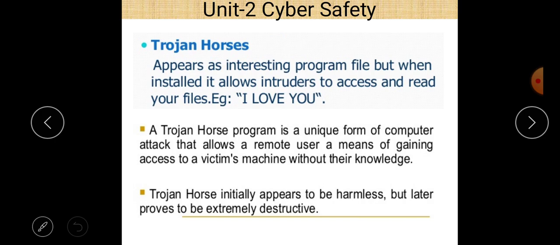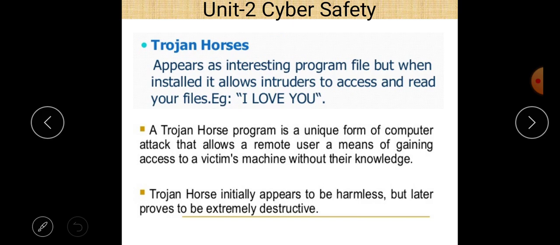Remote user means a user who is very far away from you, and even that person can access your computer system without your knowledge. It may be possible that he or she may delete your computer files or take your personal information using the network through the Trojan horse.